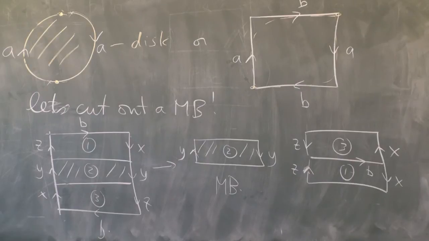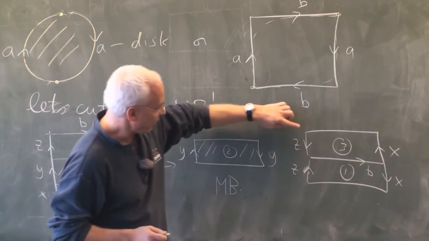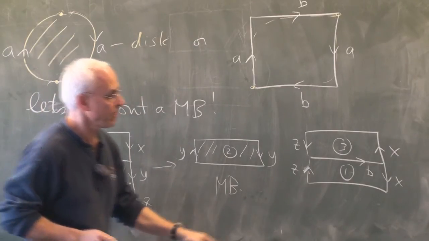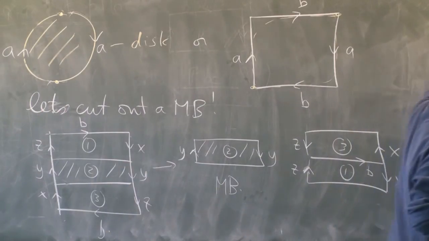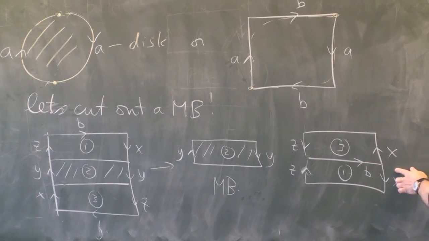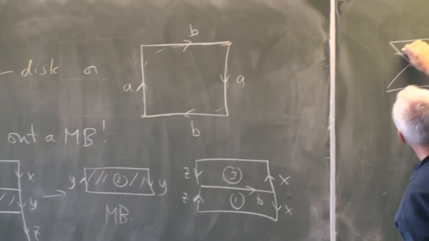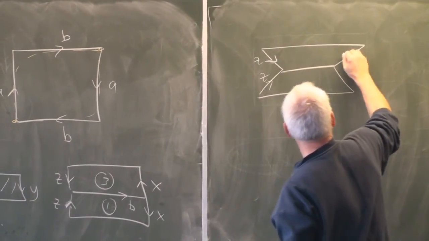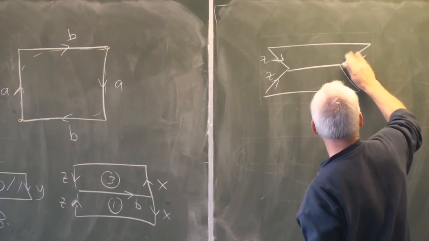What is that? It's a curious thing. We have Z here and Z coming in like that. What does that do for us? Remember, we have to glue those two things together. So I'm going to take this and modify it a little bit. Make it look like this. So there's Z, and there's Z, and there's X. Oh, sorry, the other way.